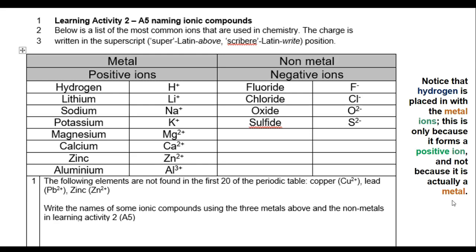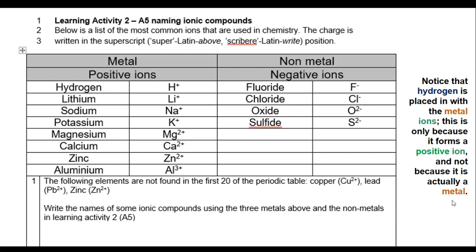Now let's have a look at the questions. The following elements are not found in the first 20 of the periodic table: copper, lead and zinc. It says write the names of some ionic compounds using the three metals above and the non-metals in this activity.